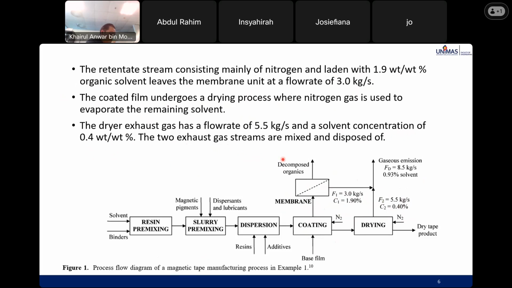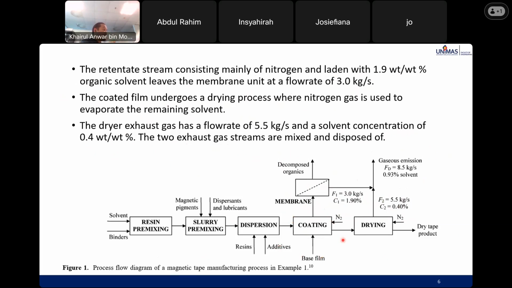So before we can start with pinch analysis, we need to identify the limiting data for sinks and sources and understand the flowchart here.